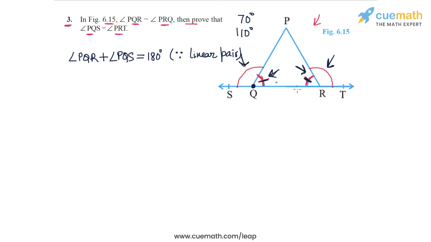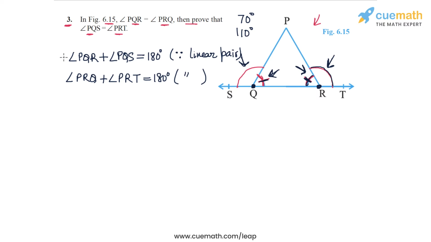Alright, similarly, if you take the angles formed at R, angle PRQ and angle PRT, their sum should also be equal to 180 degrees. So we write angle PRQ plus angle PRT. This sum should also be 180 degrees because these two angles form a linear pair of angles.